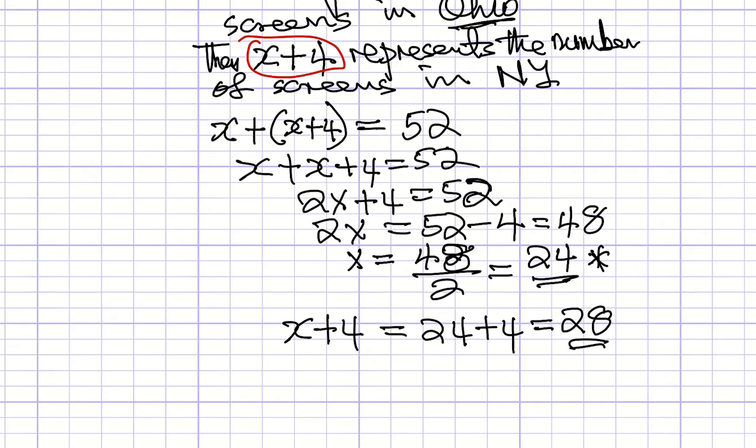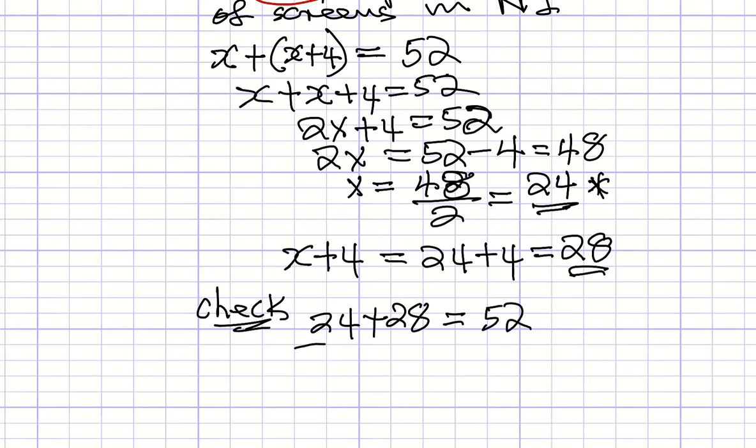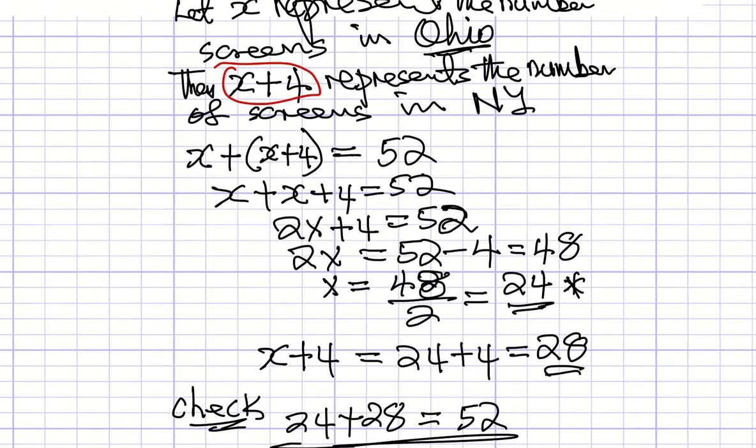To check it, everything checks out: 24 plus 28 will actually be 52. So you see, it checks out, because we started with 52.